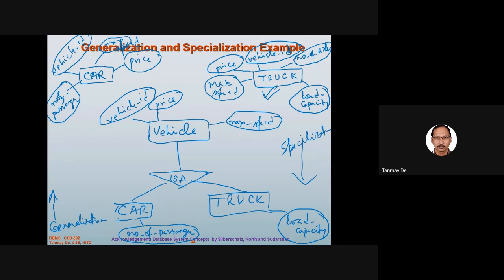If you think like a bottom-up approach, then it is a generalization. Both are actually the same, just inverse. The main thing is that some common property is shared by the lower level entity sets from the higher level entity set.